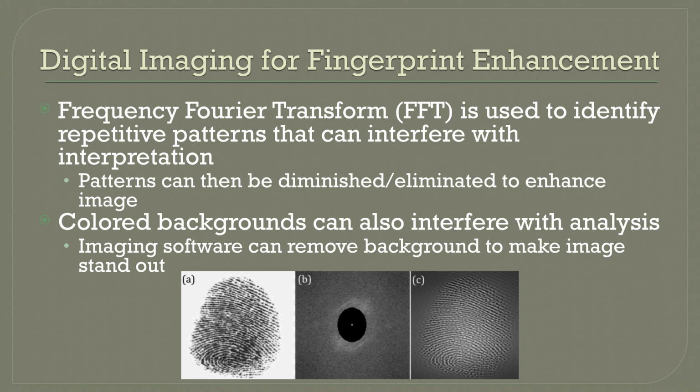So for instance, if you have two prints that are overlapping each other, one print can be enhanced while the other is eliminated, to allow for a better analysis. Also, colored backgrounds can interfere with analysis, so imaging software does have the ability to remove the background to make that image stand out even more.